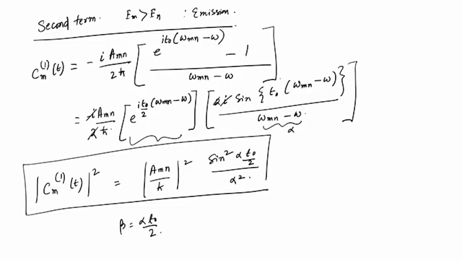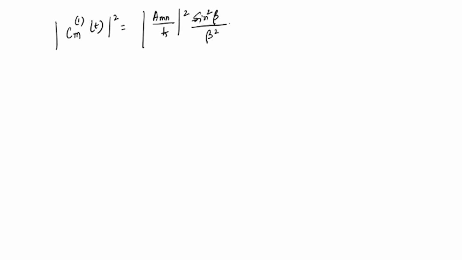Use this beta, and we have mod C_m1(t) square, only the emission part, equal to mod a_mn by h cross square, sine square beta divided by beta square, and a constant coming from this alpha to beta transformation, which is t square by 4.